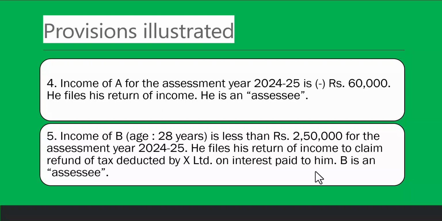Suppose your entire income of 2,50,000 is all interest. So you don't have to pay any tax. But 25,000 rupees tax you have paid, because the bank has deducted 10% tax on your interest income of 2,50,000. So now you have to claim this 25,000. So you have to file an income tax return. So you will be considered an assessee. Is this clear? Yes, sir. Okay.